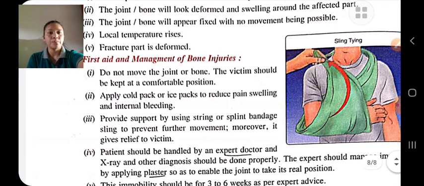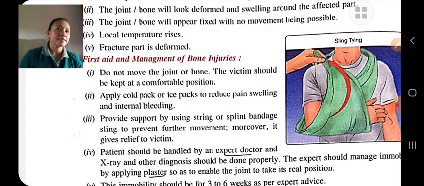Apply a cold pack: immediately apply ice over the affected part to reduce swelling and internal bleeding. Provide support using a splint or bandage. It helps avoid further movement and gives relief to the victim.